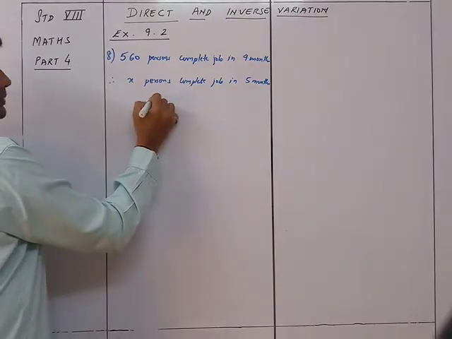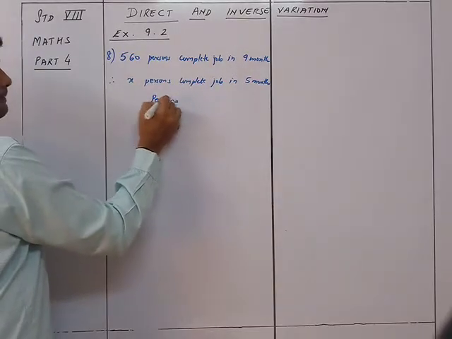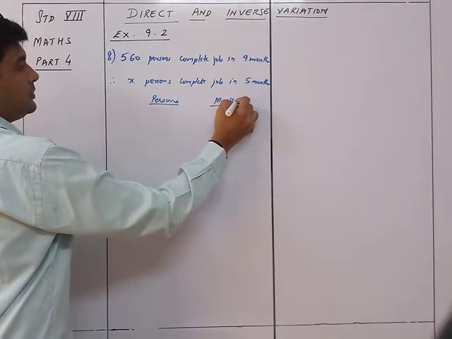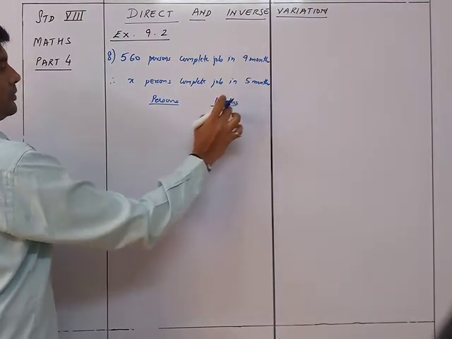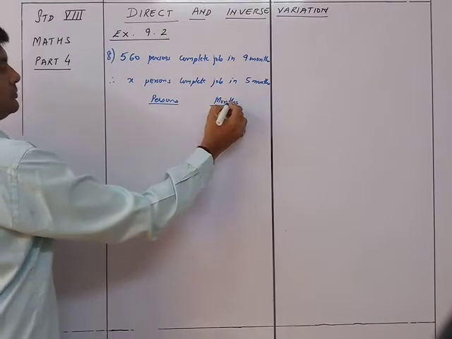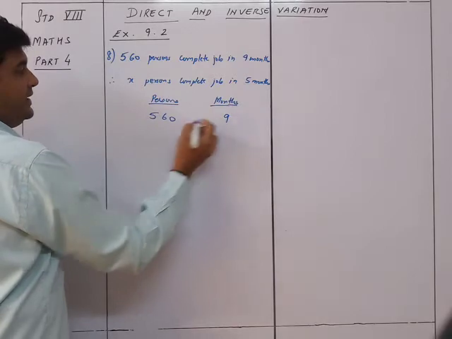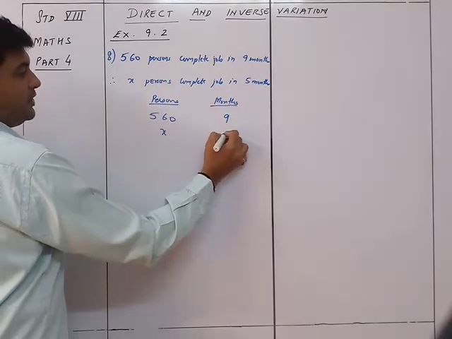So we have over here persons and months. So we get 560, this is 9, X is 5.